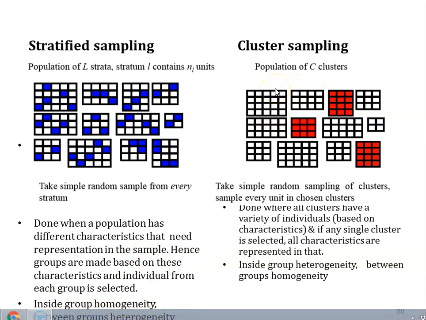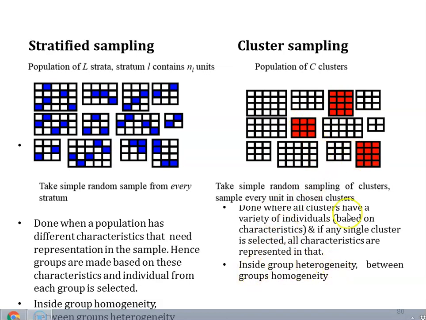And in case of cluster sampling, our naturally made clusters had a variety of individuals. For example, this cluster has religion 1, religion 2, religion 3, all religion people living in each cluster. So we could select any of these clusters to include people of all religion in our study.